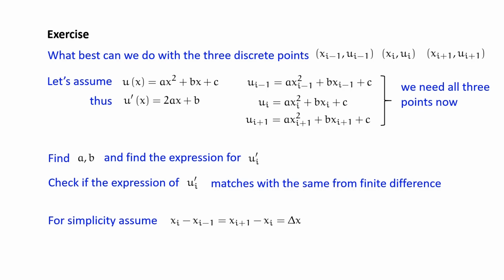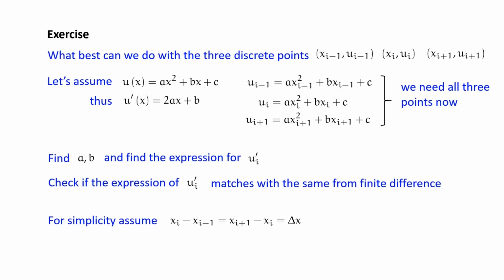To understand this procedure better, you can fit a polynomial a x squared plus b x plus c with these 3 points. Its derivative is 2 a x plus b, and since the polynomial is passing through these 3 points, we have u_{i-1} equals a x_{i-1} squared plus b x_{i-1} plus c, u_i equals a x_i squared plus b x_i plus c, u_{i+1} equals a x_{i+1} squared plus b x_{i+1} plus c.